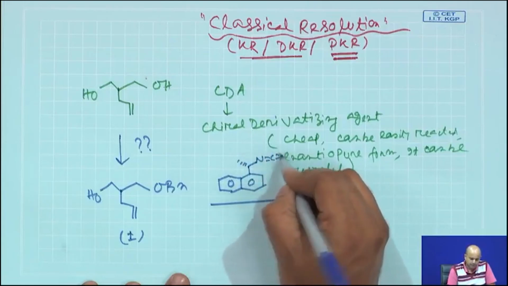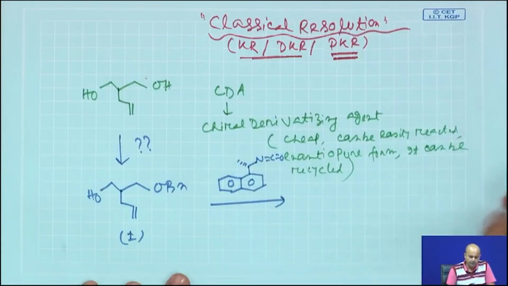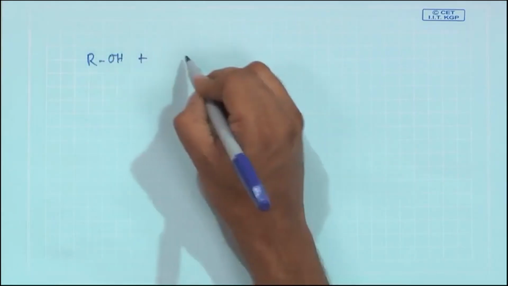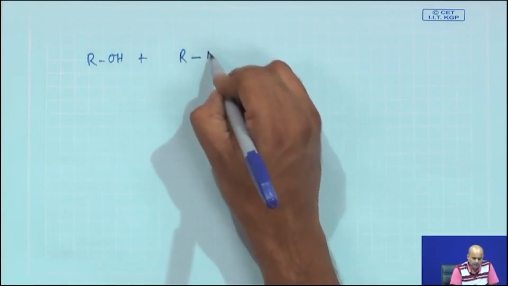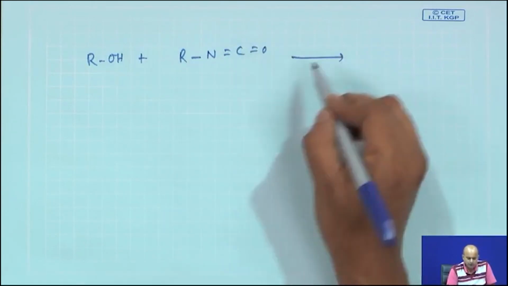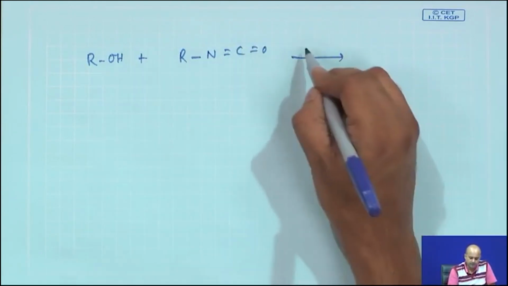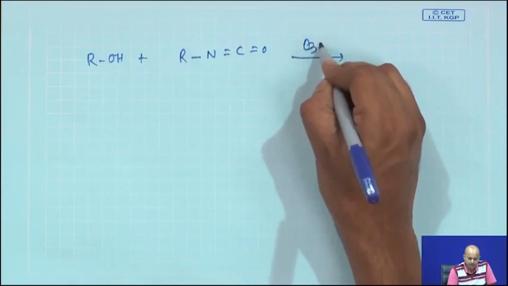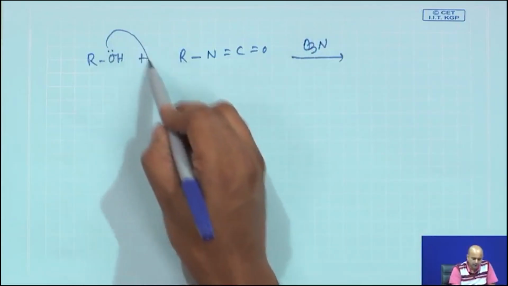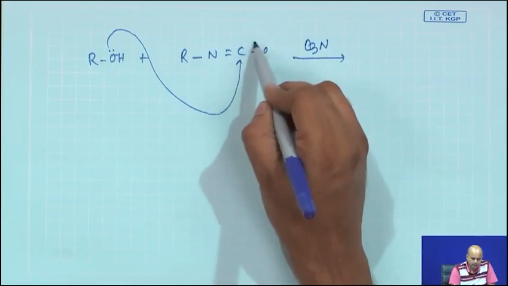isocyanate. Before we talk about this reaction, you need to know how isocyanates react with alcohols. Isocyanates are compounds having this structure. If you react isocyanate with this alcohol in presence of a very mild base like triethylamine, this alcohol nucleophile attacks this carbonyl.